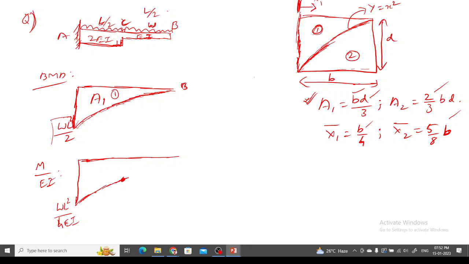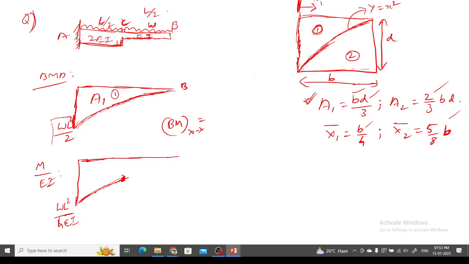What I have got is WL square by 4 EI as the answer. This actually varies all through this, and then from point C it is EI only. So at point C I have to calculate the bending moment value. That can be calculated only when I know the variation of the bending moment all through this length of the beam.